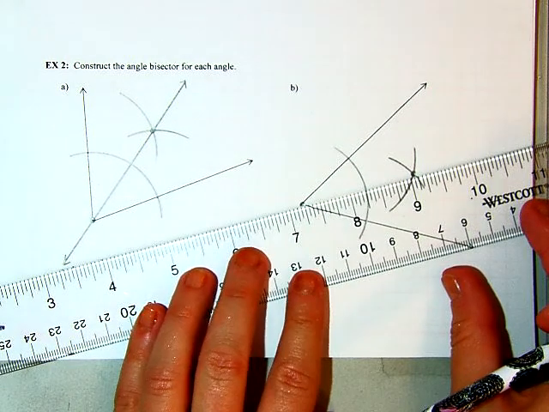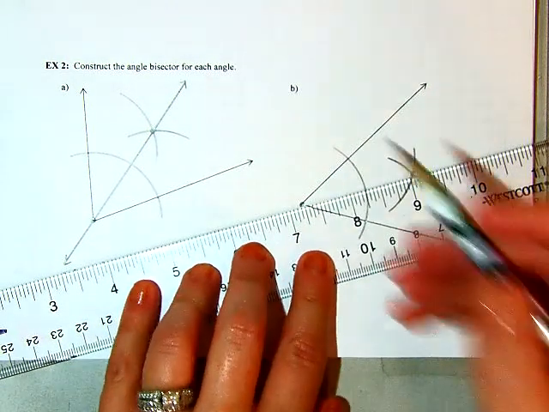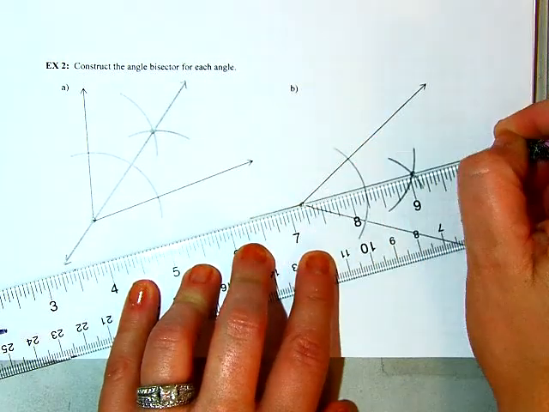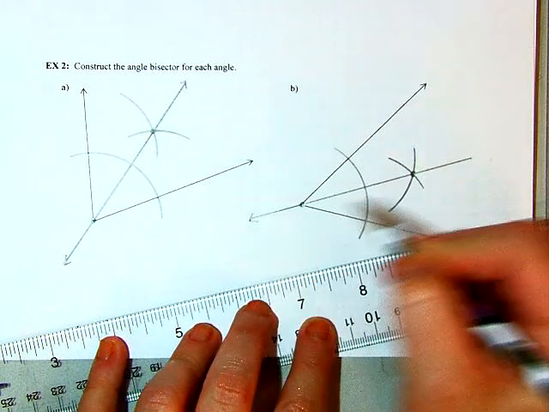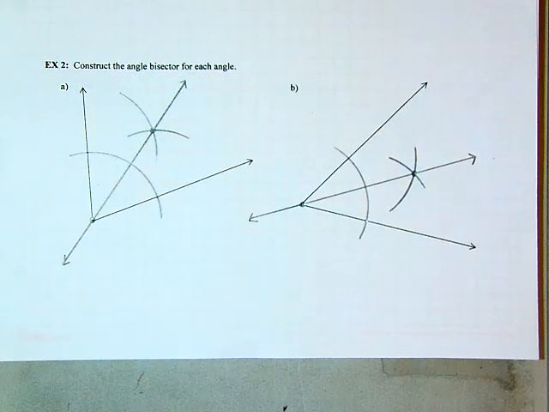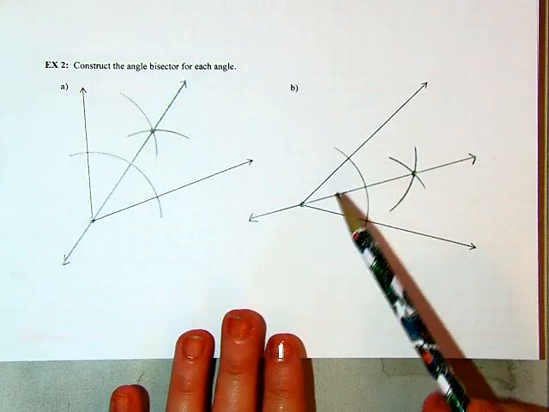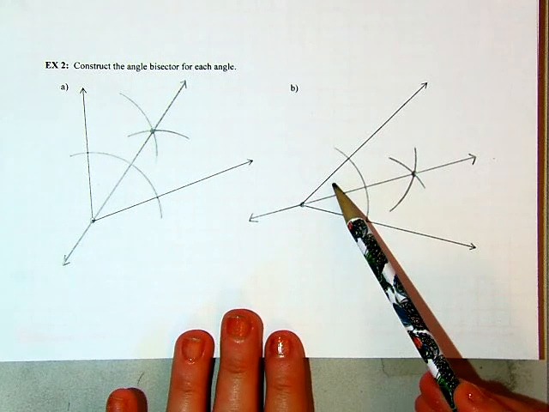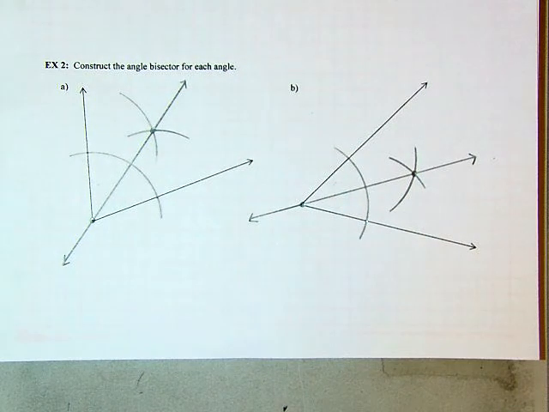And then I'm just drawing that straight pathway that slices through them. And here we go. So I have bisected the angle. I have divided it into two congruent parts. These angles will be congruent. Their measures will be equal.